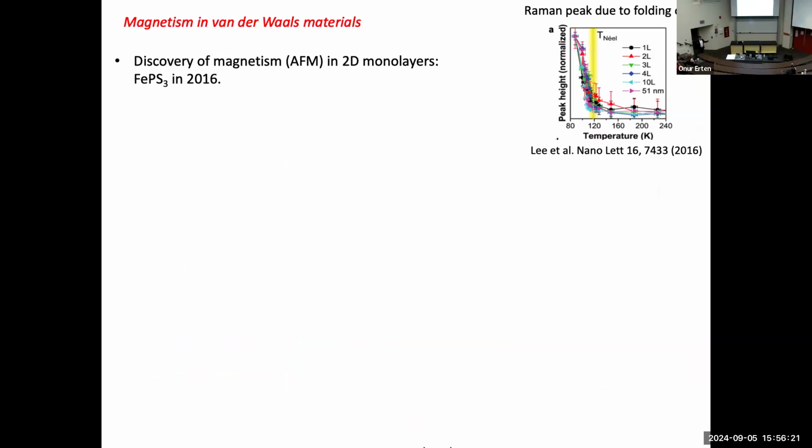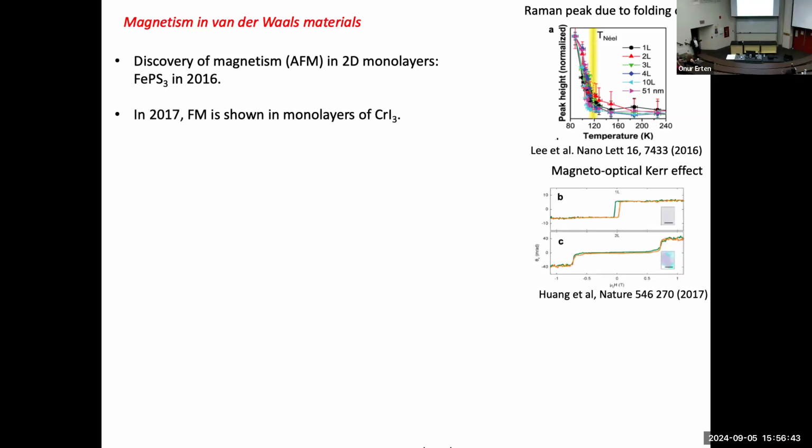Even though the first two-dimensional material, graphene, was isolated in 2004, it took over 10 years to observe magnetism in two-dimensional materials. So this is the first example, iron phosphosulfide. And then it took about another year to find ferromagnetism.